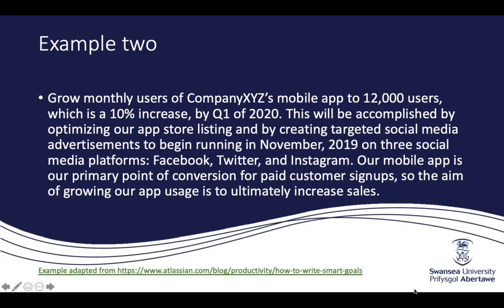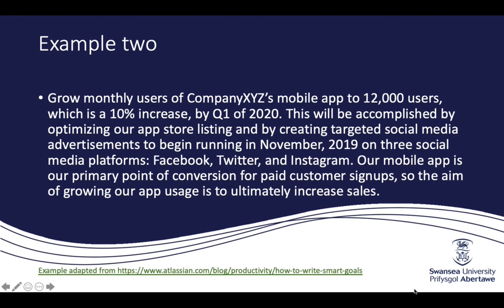There's another example, more of a business-based one. So grow monthly users of company XYZ's mobile app to 12,000 users, which is a 10% increase by Q1 of 2020. This will be accomplished by optimizing our app store listing and by creating targeted social media advertisements to begin running in November 2019.